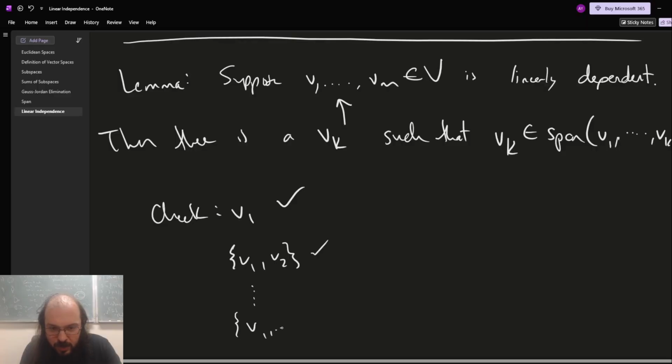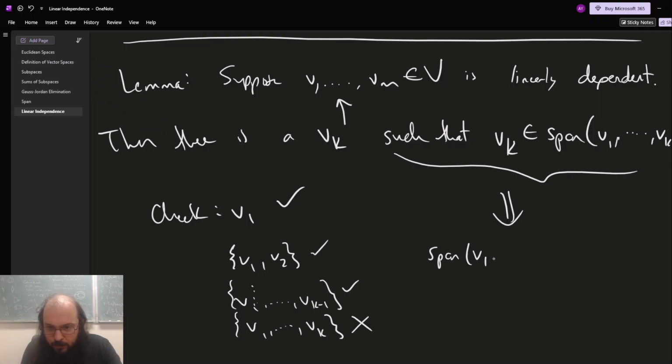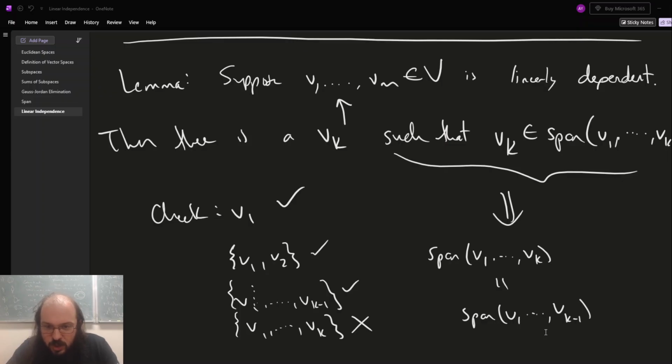And at some point, we will encounter a situation where VK was not linearly independent, but VK minus 1 was. When we add in some new vector, then the conclusion is that the span up until VK is equal to the span up until VK minus 1. In other words, you could throw away that extra vector that you found as you worked through it.